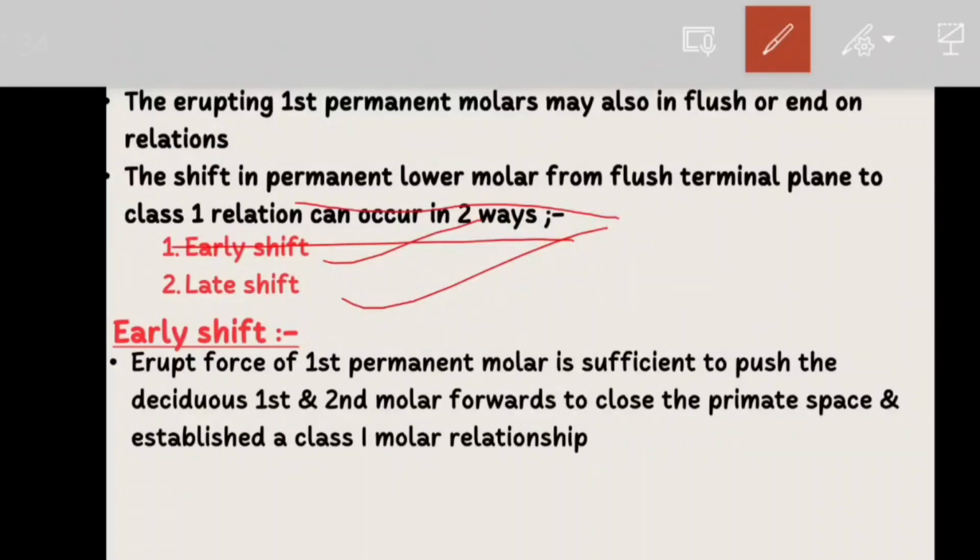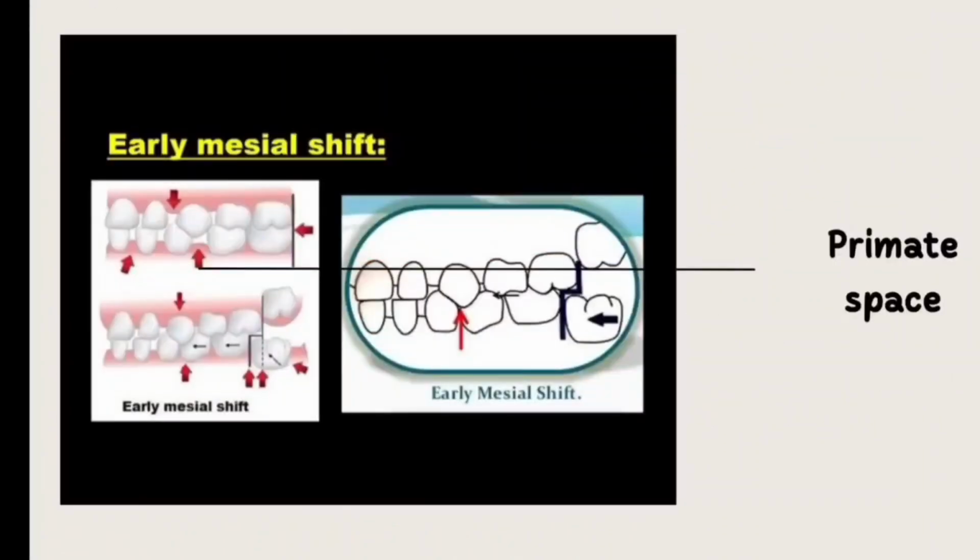Early shift means that the eruptive force of the first permanent molar is sufficient to push the deciduous first and second molars forward to close the primate space and establish a class 1 molar relation. So in spaced dentition, the permanent molar pushes the primary molar forward and closes the primate space. This creates the class 1 molar relation.